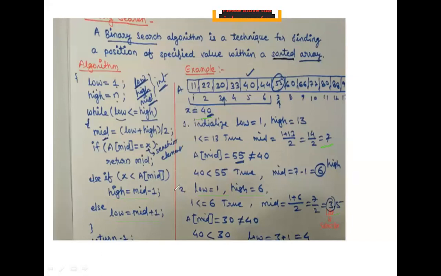Low is 3 plus 1, that is 4. So you have to check from 4 to 6. Then mid is 5, and then you can find the value. Okay, this is about the binary search algorithm.